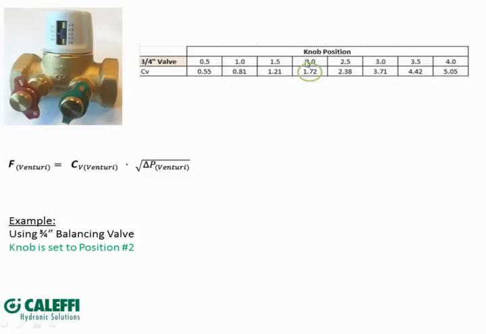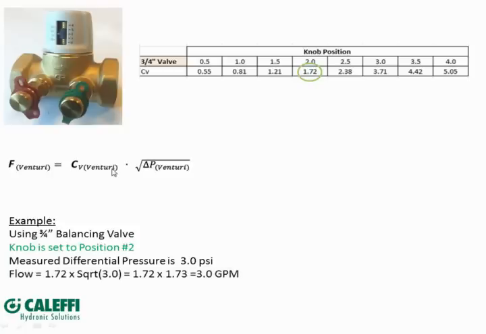On the 3/4 inch valve, if you look in our literature, we can see that at knob level 2, the CV is 1.72. So we've got that part of the equation. If we measure the differential pressure across our ports here, and that was 3 PSI, we substitute those values into the equation, and we get 3 GPM.